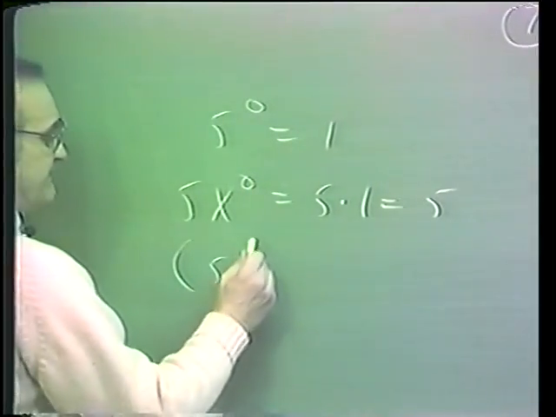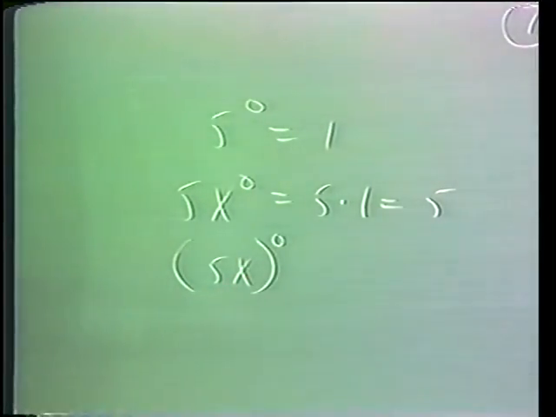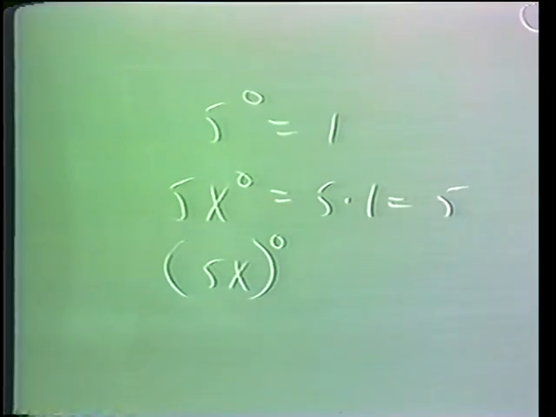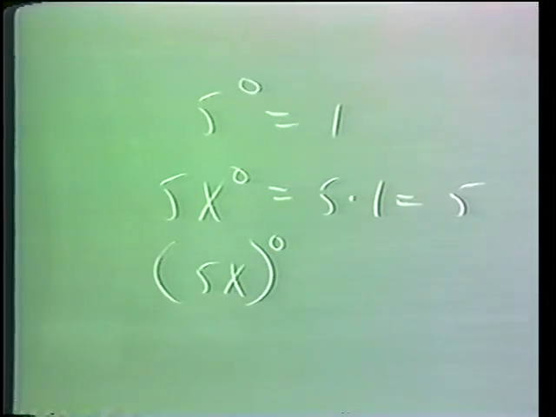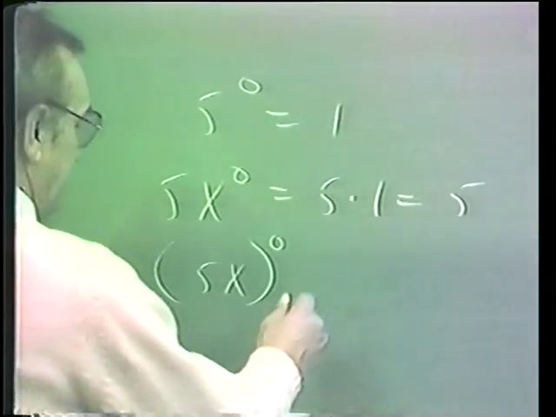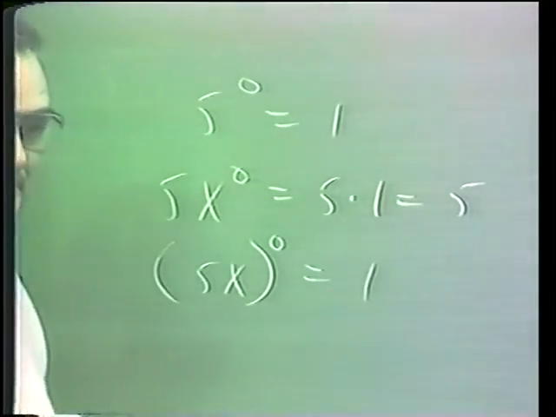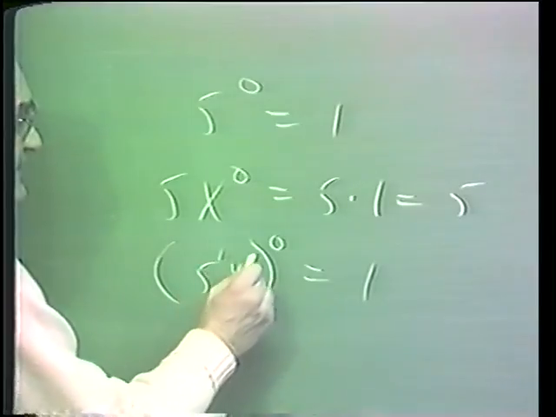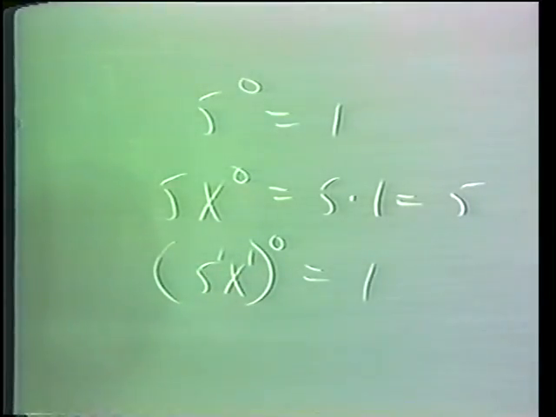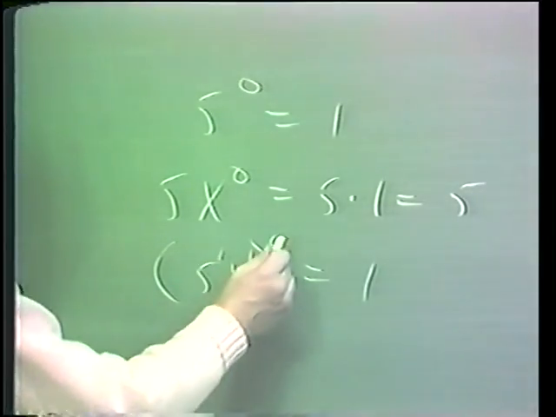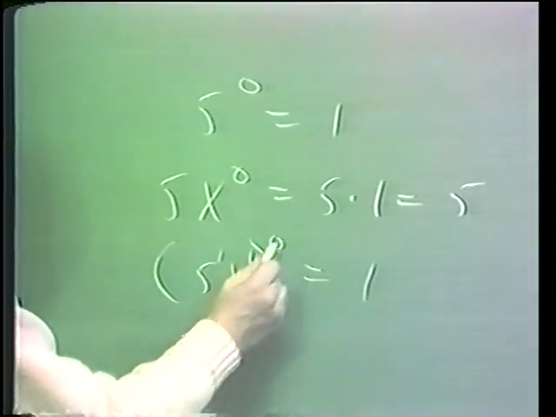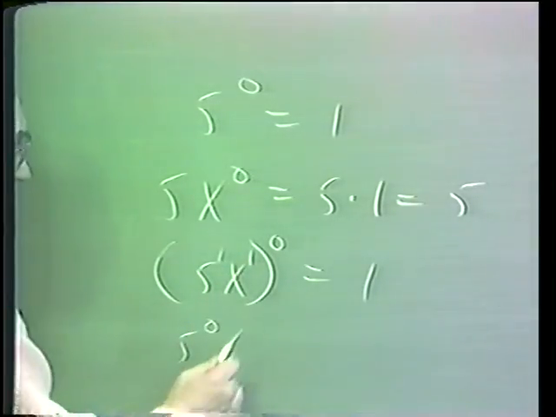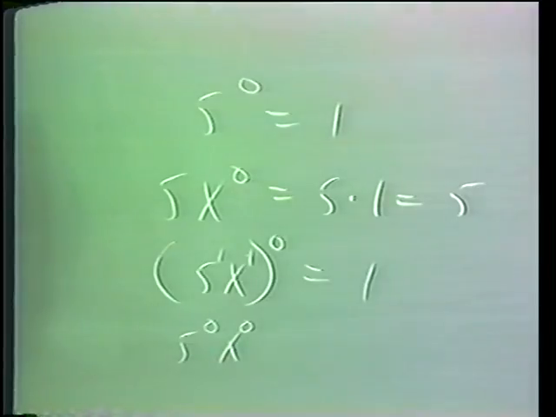Let's suppose I have 5x, the quantity, raised to the 0 power. What's that equal to? 1. Now you see this 5 is to the 1st power, x is to the 1st power. So if you use our rules of exponents, we have 5 to the 1 times 0, which is 0, and x to the 1 times 0, which is 0.